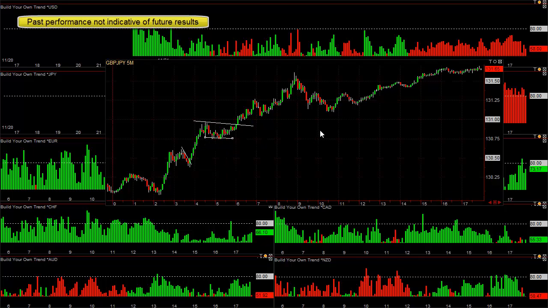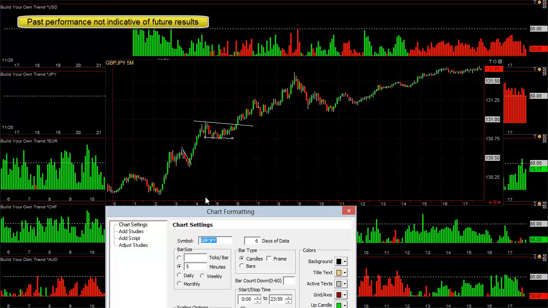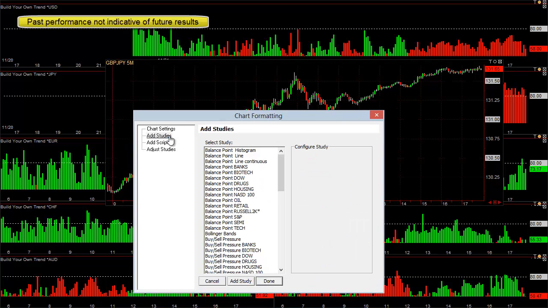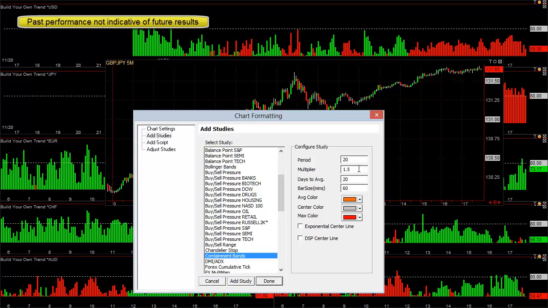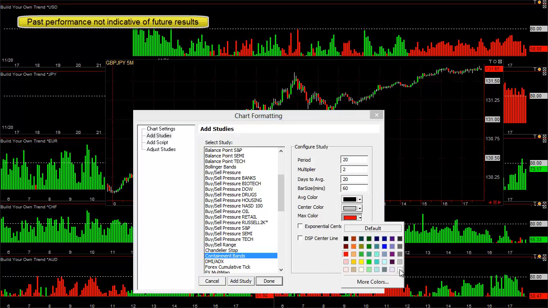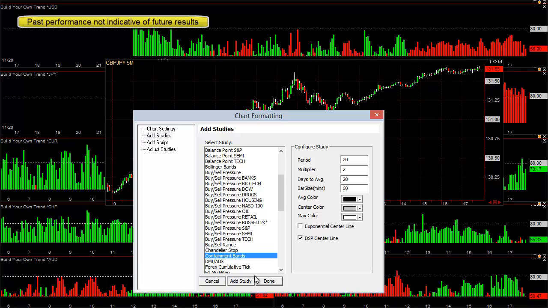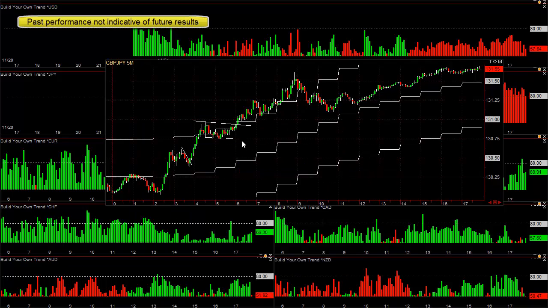And I would continue to trade with the trend until it goes above the 2.0 containment band, which I'll add on here just so you can see what it does. Typically the white 2.0 band, and I always use the DSP band because they tend to be farther away. You can look to buy this, but you really wouldn't want to buy too much above the white band.